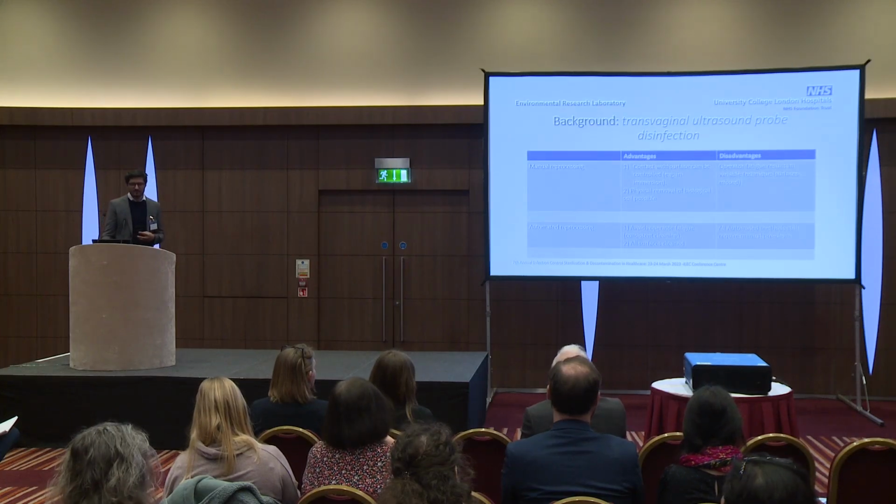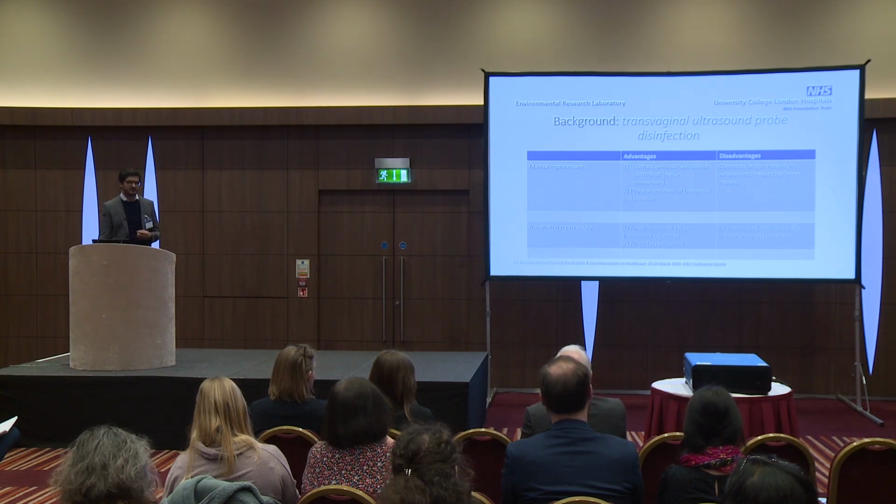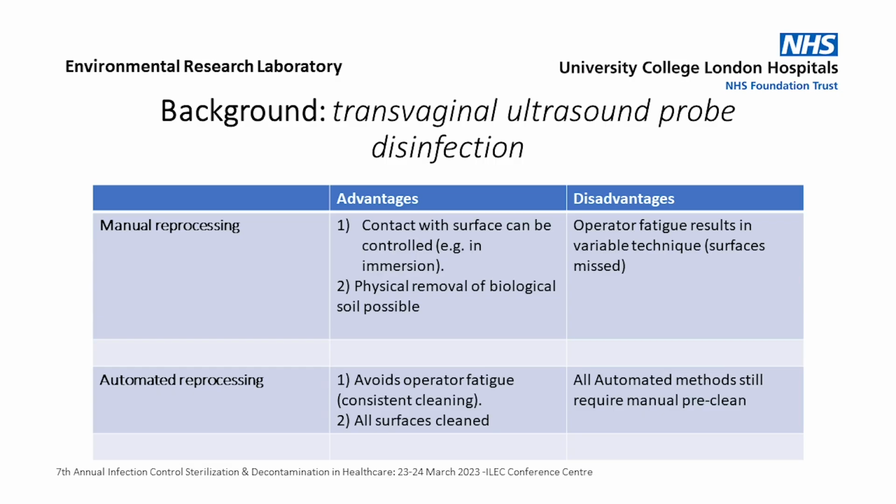We always have to be mindful about the processes and whether there are pitfalls as well as advantages to each method. With manual, we know that you can assure there's good physical contact, so you can remove the soils. But then the downside to this is, over time, we know through audits and other literature that there's fatigue in the training, and there's variability in how the decontamination occurs.